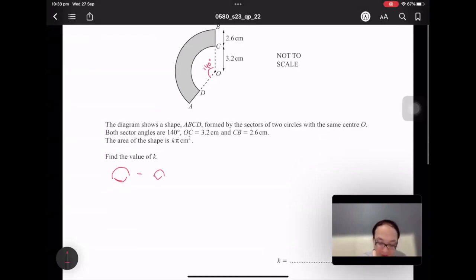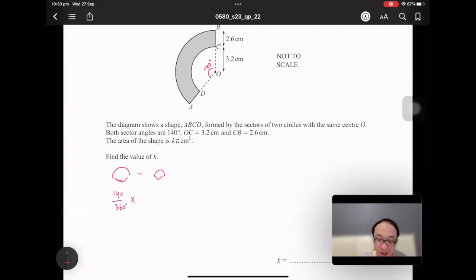The big one is 140 over 360 times pi r squared, where r is the total, 5.8 squared, minus 140 over 360 times pi times the radius of the small one, 3.2 squared. And this equals K pi.